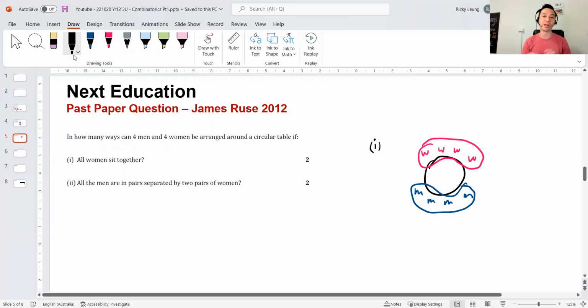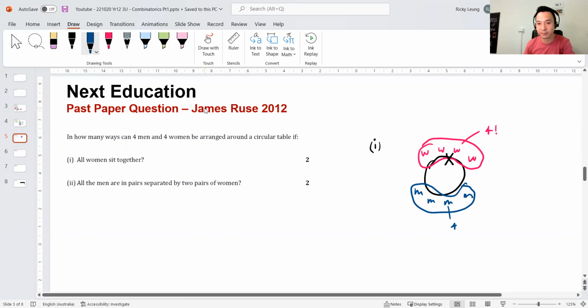When they're all in a group and there's nothing specific about anybody, there's nothing specific. You can lock a group down, right? So the women group stays on the top in this case, and the men group stays on the bottom. Now, if the men group is the only other group, then that's 1 factorial. It has to go there. I don't need to do anything more. And then your answer is quite simply, the 4 women have 4 factorial ways of arranging themselves in the group.